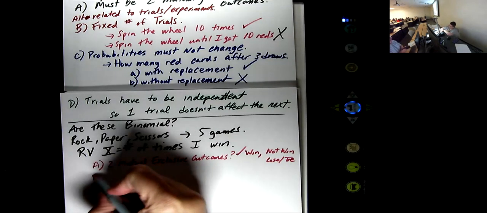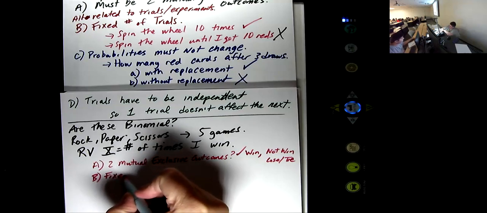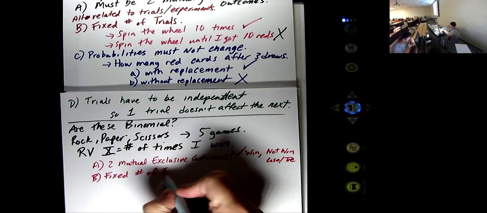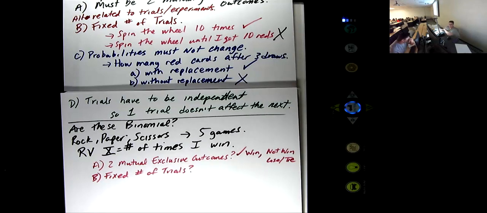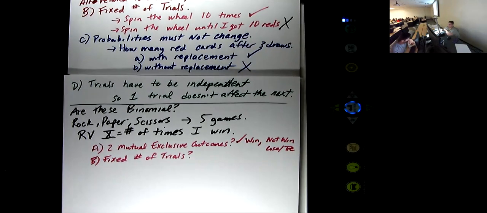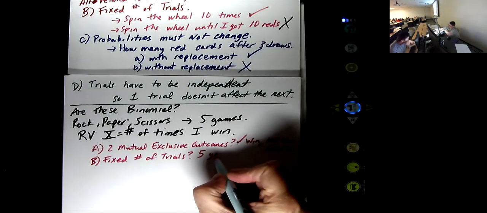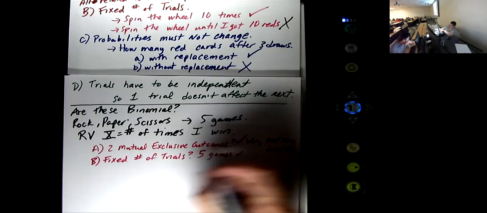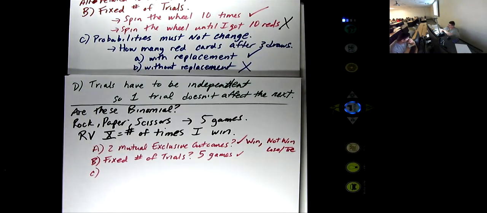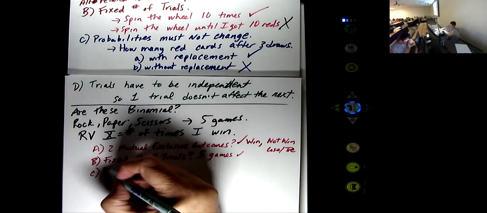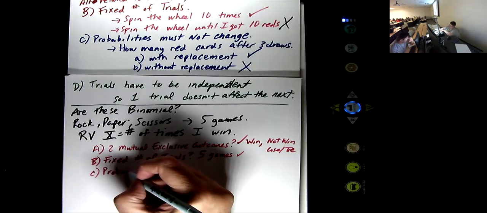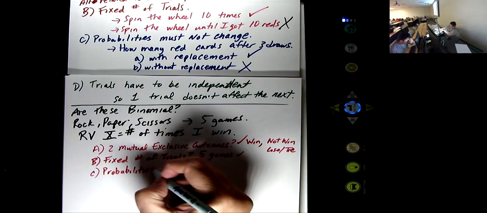Is there a fixed number of trials? We said we were playing 5 games. So yes. Are the probabilities fixed?